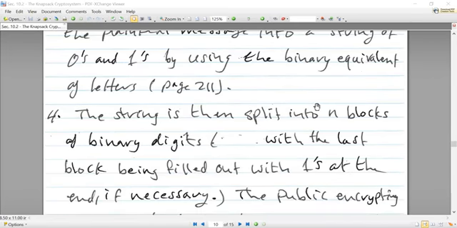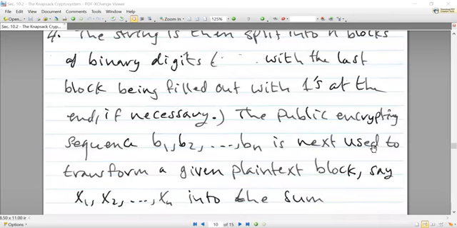The string of zeros and ones is then split into blocks of n binary digits, with the last block being filled out with ones at the end if necessary, because we need all the blocks to have the given length n.